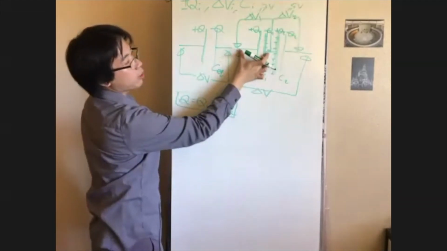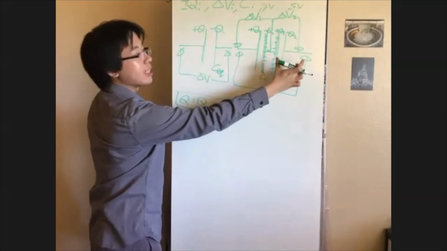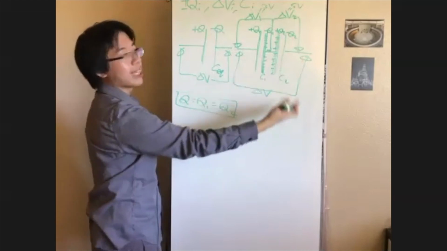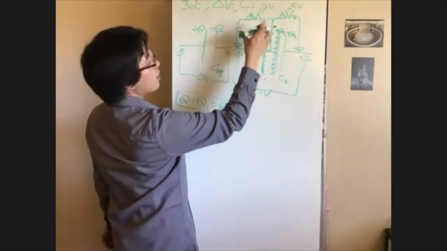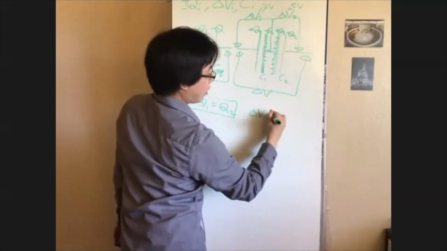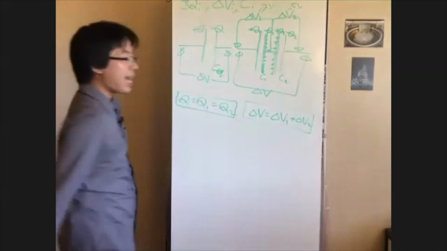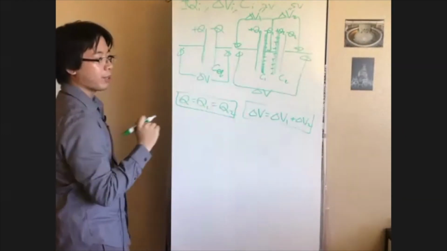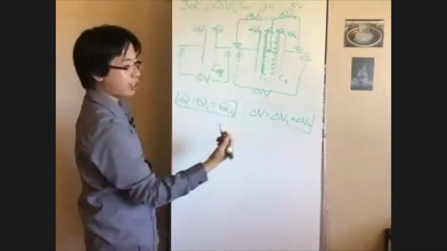If the difference across capacitor 1 is 3 volts, and the difference across capacitor 2 is 5 volts, what's the total potential difference? It will be 8 volts. So this difference plus this difference is the overall difference. So this is another useful formula. Again, I don't memorize these, so I probably shouldn't put it in a box. I'll erase it later. Now let's plug in the definition as before.